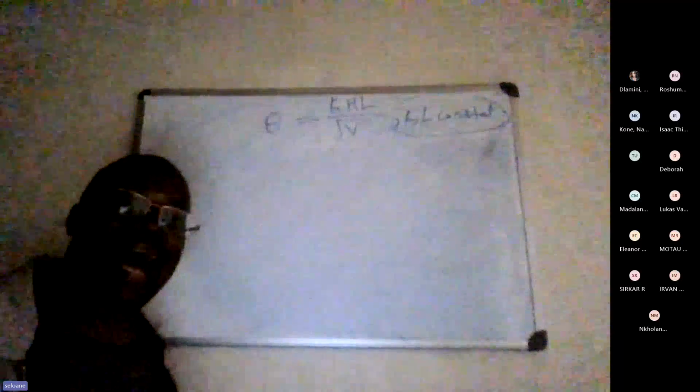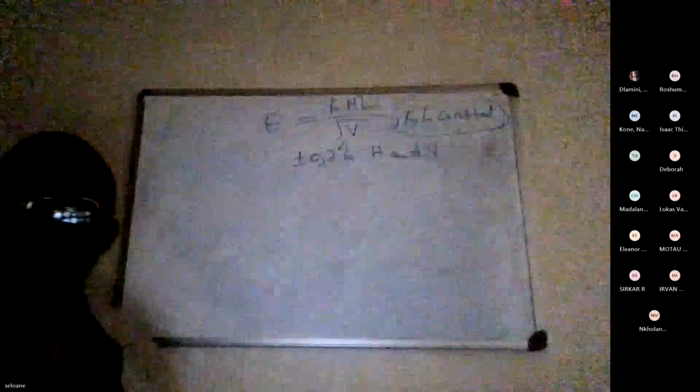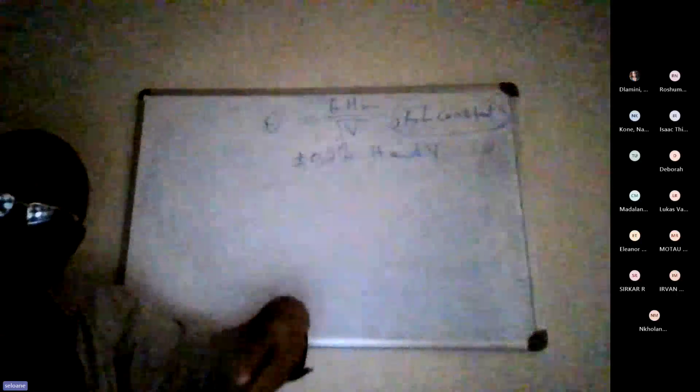They say there are possible errors of plus or minus 0.2% when measuring H and V. When measuring H and V, they say accommodate 0.2% of error, meaning you can over measure, you can under measure. Now, how do you see this? Don't see this as just two numbers, +0.2 and -0.2.